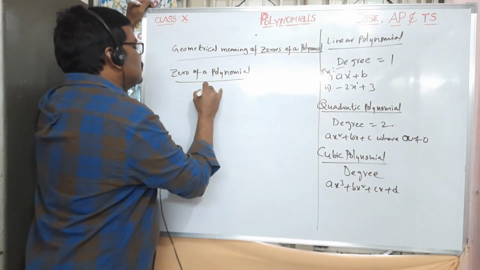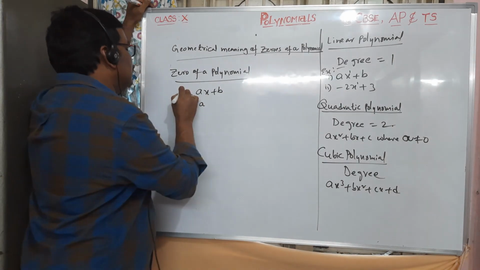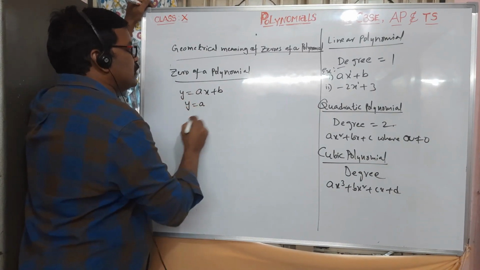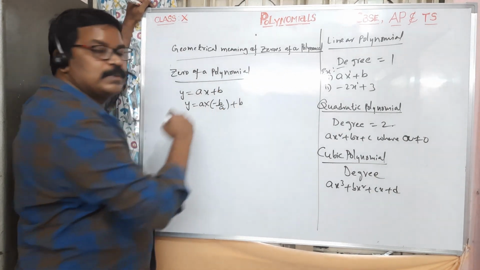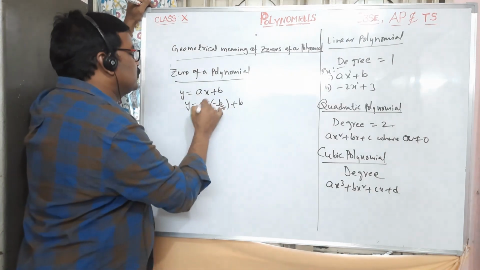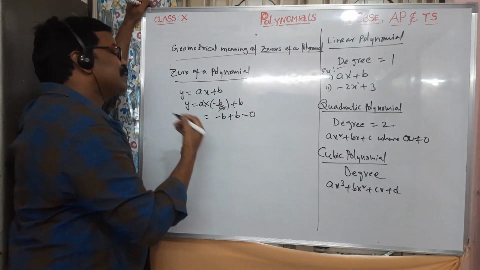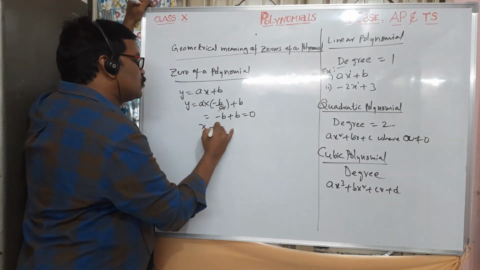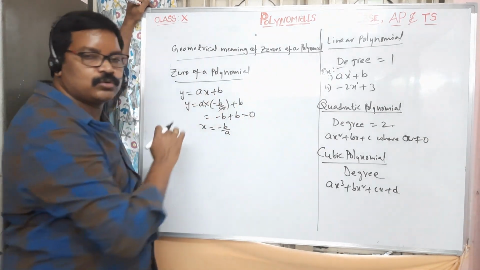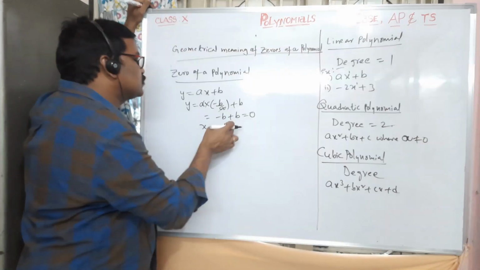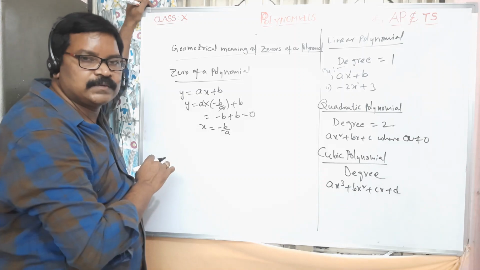For example, let y be equal to ax plus b. Put x as minus b by a: a into minus b by a plus b, here minus b plus b gets cancelled. This is 0. That means at x equal to minus b by a, this polynomial becomes 0. Therefore, x equal to minus b by a is called the zero of a polynomial.